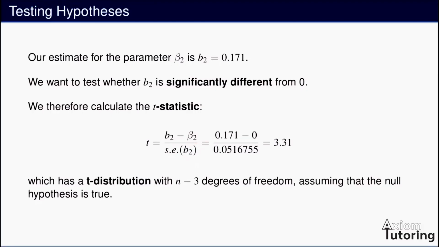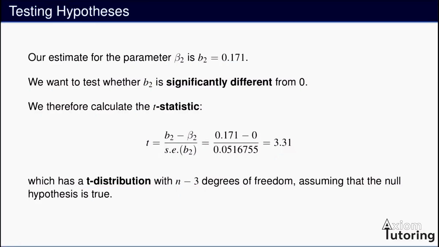But just know that it is basically the estimated standard deviation of our estimator. In this case, B2 is equal to 0.171 minus my null hypothesis, in this case 0, because we assume that beta 2 is equal to 0 as our null hypothesis, divided by my standard error. And I get 3.31.